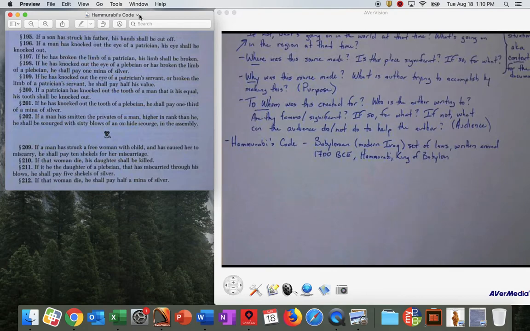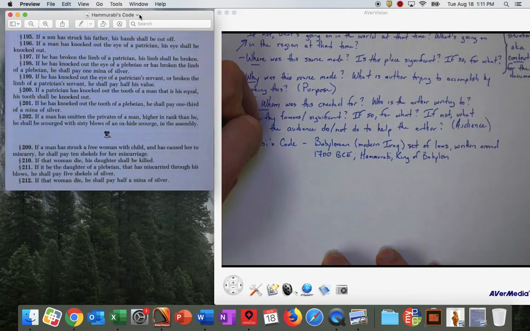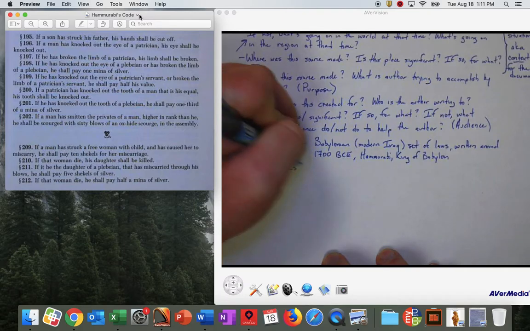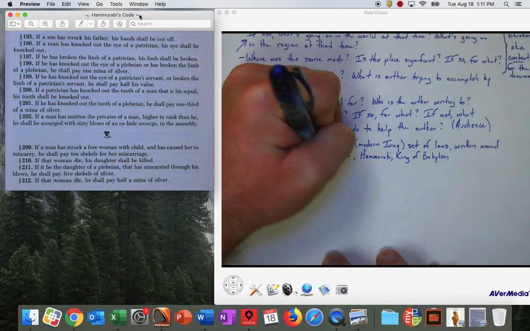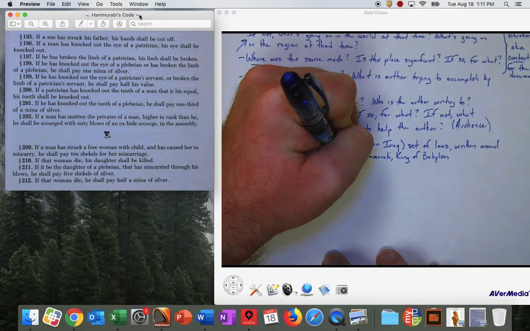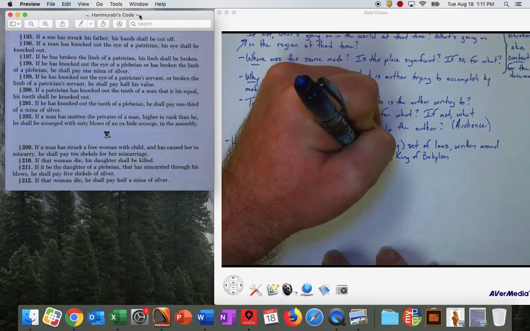All right, so let's go through the questions. What's the main idea? Normally the main idea is pretty apparent. You can normally get it from the line of attribution here. But the main idea is that we want to have rules for an orderly society.